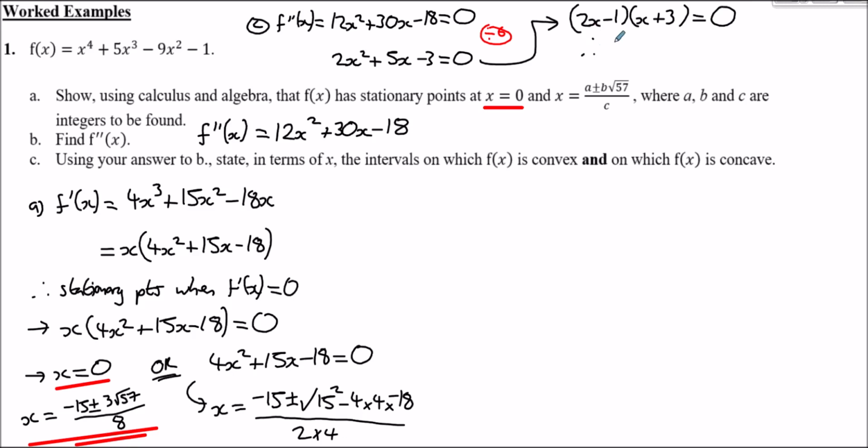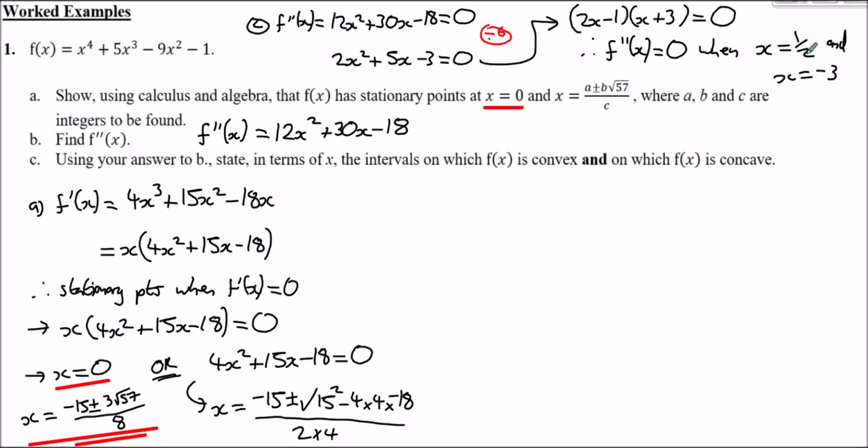So therefore, the second derivative is equal to 0 when this bracket here gives a solution of a half, and also if this bracket's equal to 0, x would be minus 3.